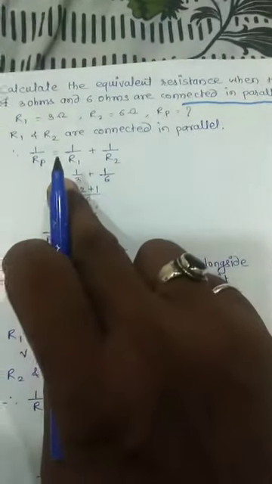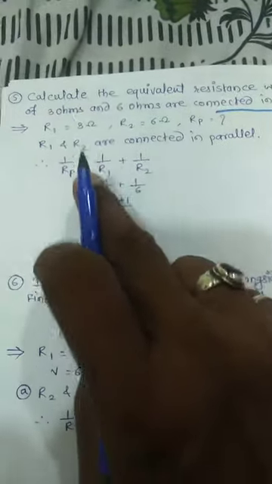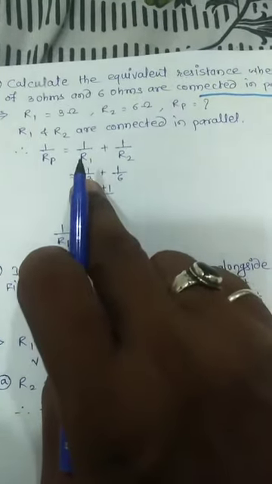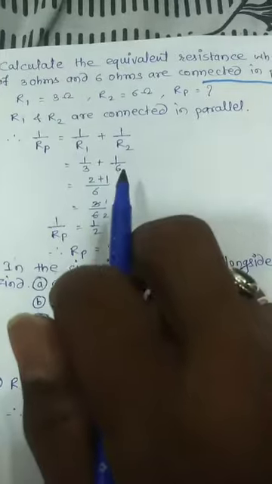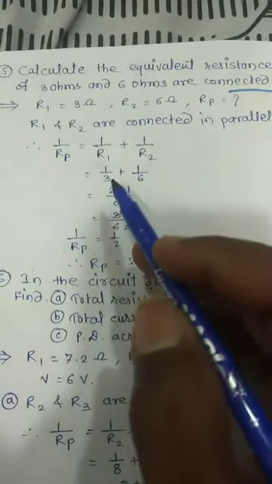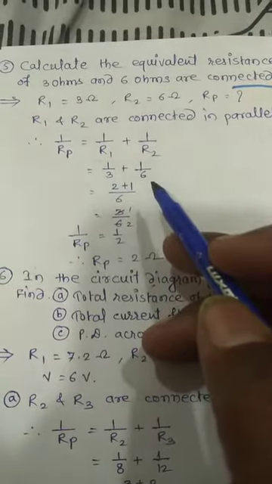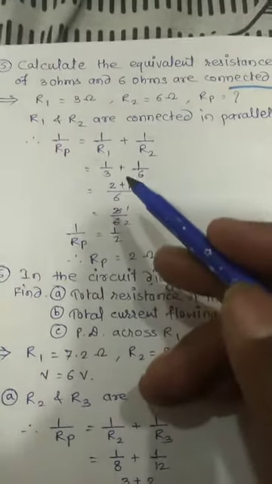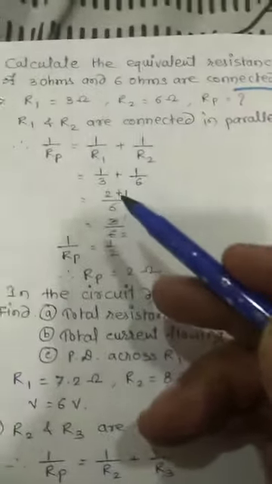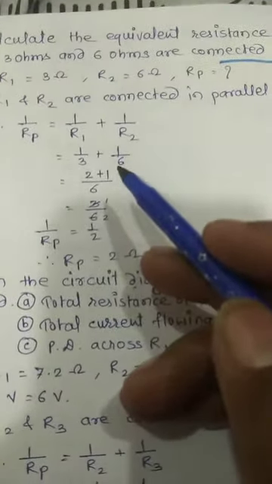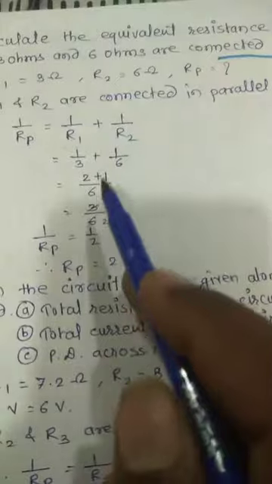So what is the formula for parallel combination? 1 by Rp equals to 1 by R1 plus 1 by R2. Substitute the value: 1 by 3 plus 1 by 6. Now how to solve the fractions, you know operations on fractions. Find out the LCM of the denominators. LCM is 6.